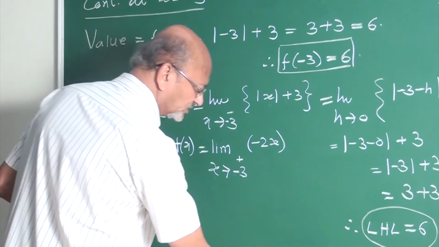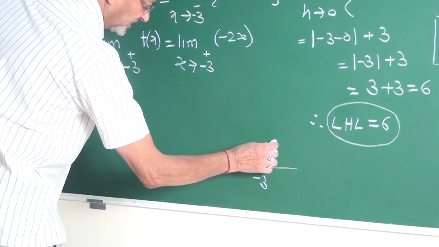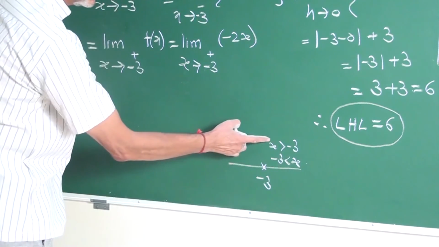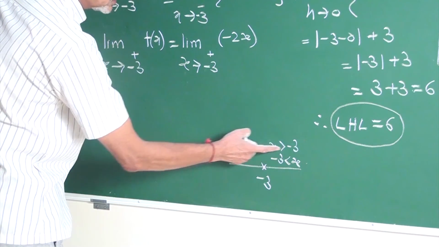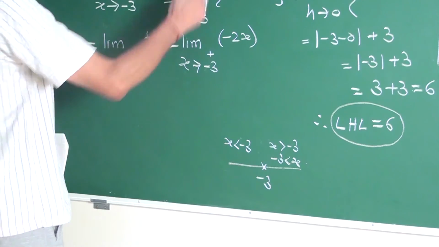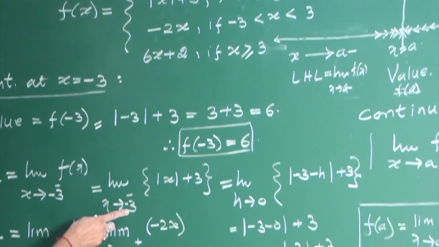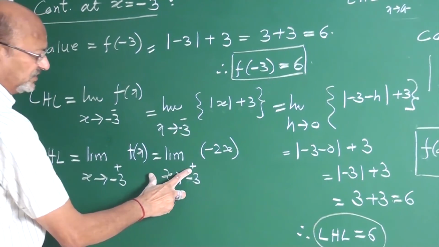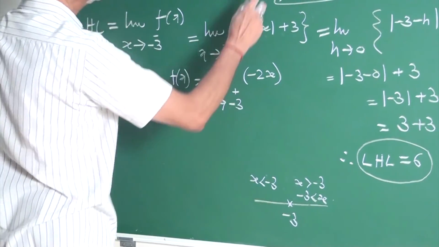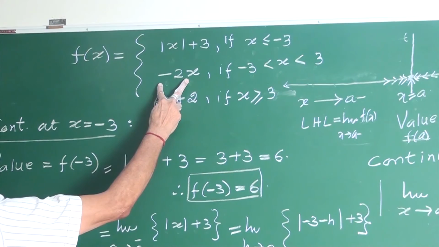No confusion here: when x is less than minus 3, your f(x) is this one; when x is greater than minus 3, the same as minus 3 is less than x, f(x) is minus 2x.